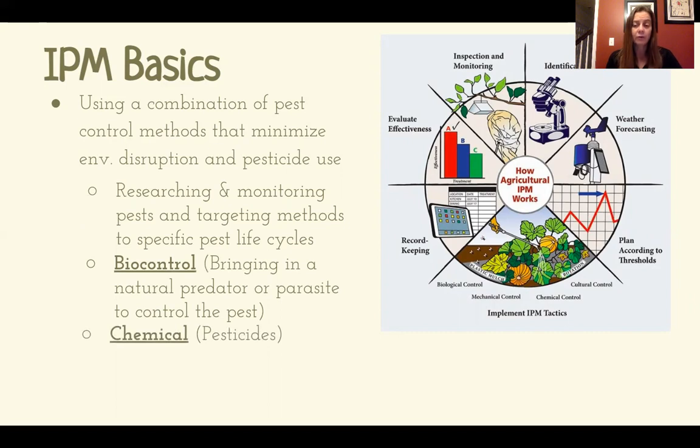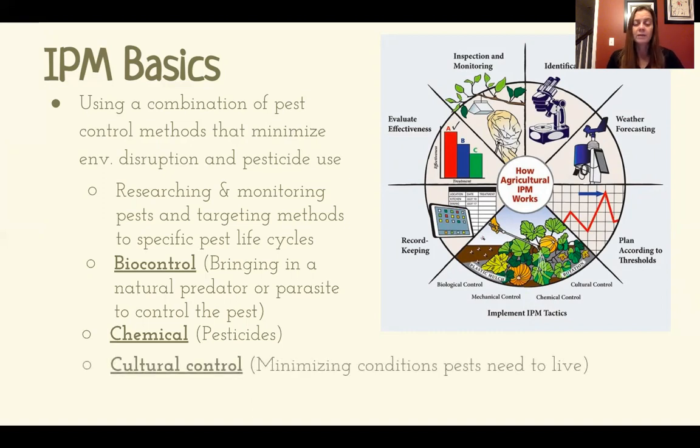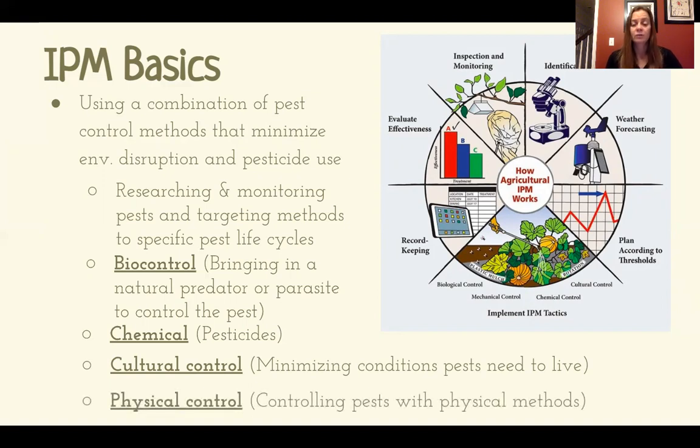Chemical control is also part of integrated pest management. It should be the smallest part. Cultural control means minimizing the conditions that are ideal for the pests, so minimizing those conditions that the pests need to live. And then physical control means controlling pests with physical methods.